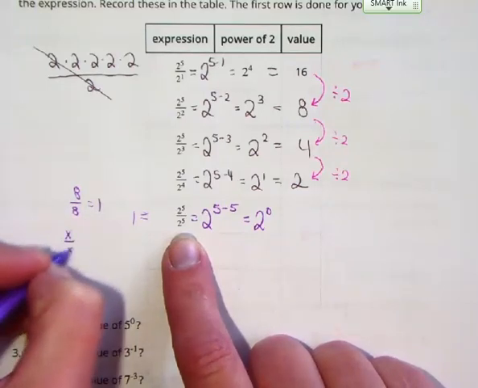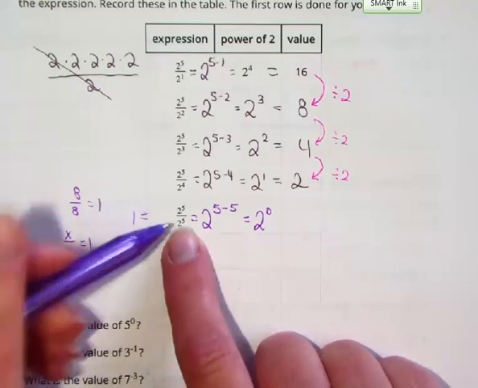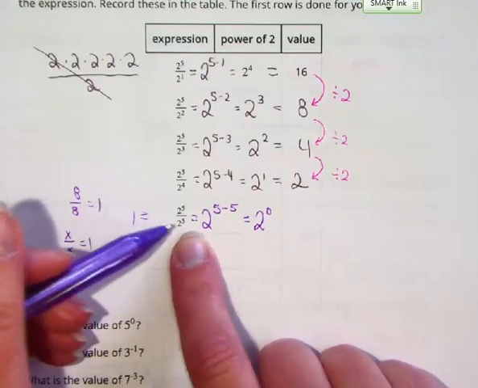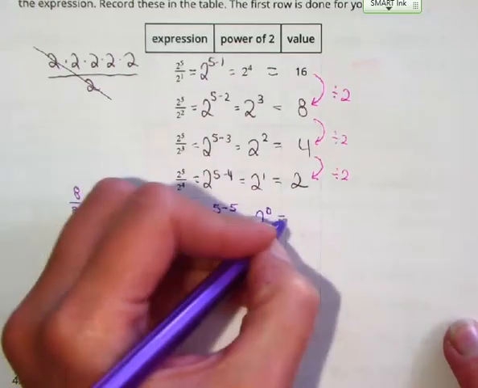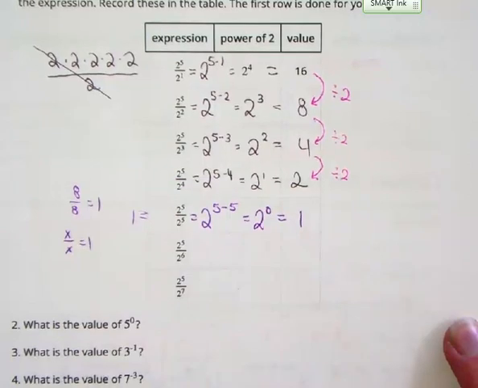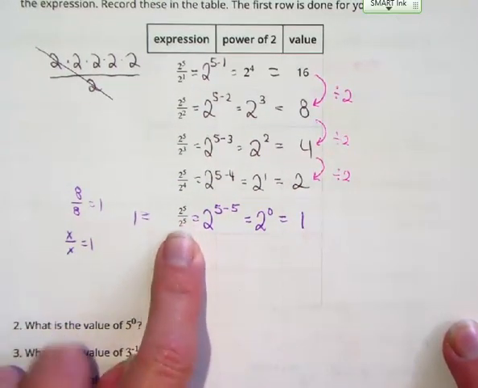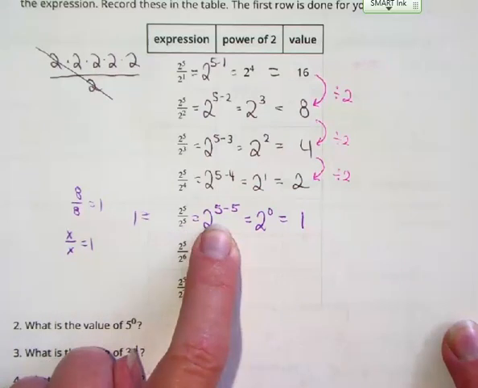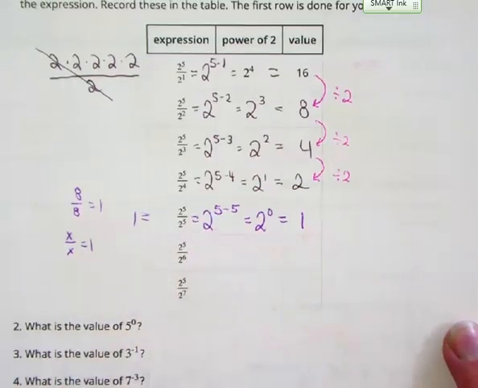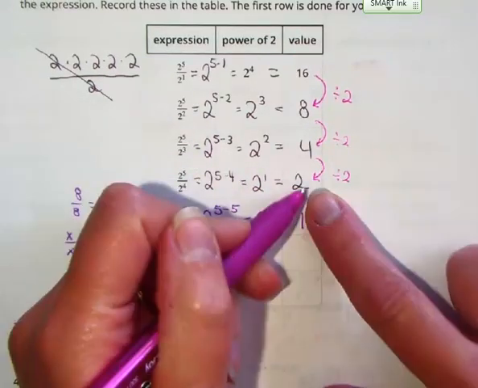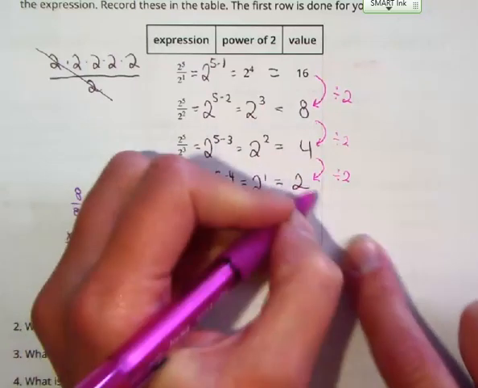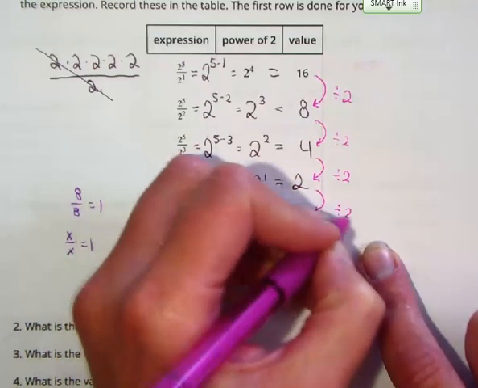X divided by X is 1. So we have the same thing here. 2 to the 5th divided by 2 to the 5th. Here's another reason why it equals 1. It's the same in the numerator and denominator. We can rewrite it like that and use the subtraction rule. Or we can also keep up with our same pattern of what's going on here. If we divide it by another 2, we get 1.